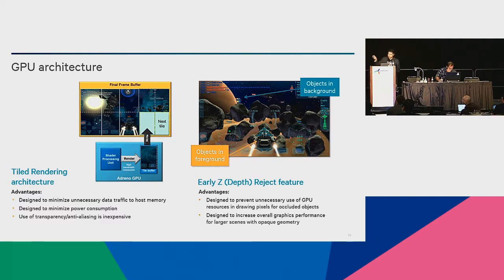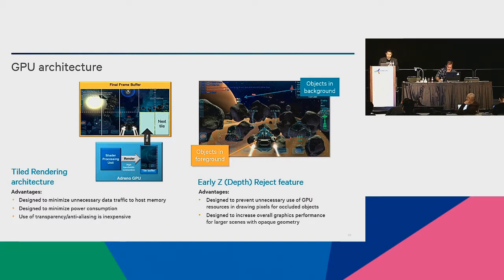Each individual tile is then processed within the GPU local memory, and all the effects like transparency and alpha blending happen locally in the GPU. Then, when the final pixels are ready, they are written out to system memory as the final frame buffer. So it's an efficient way of processing complex scenes. It's getting more and more common with other GPU architectures, but this is something that the Galaxy Note 4 GPU does as well.